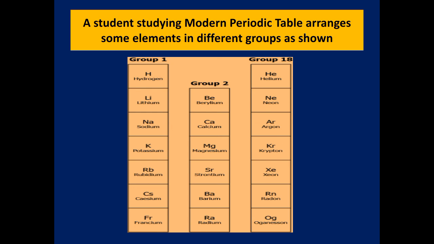Here is one question for you. A student studying the modern periodic table arranges some elements in different groups as shown. You can see group 1, group 2 and group 18 are given, and the elements in them.